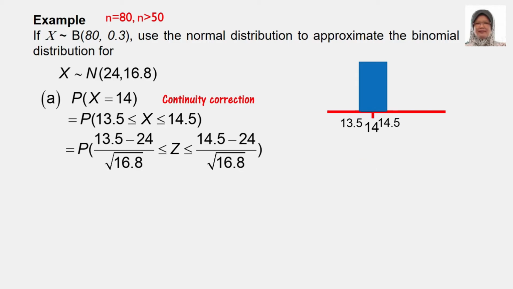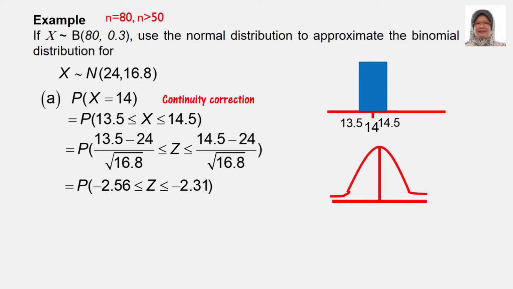Okay, we change to Z. We get P(negative 2.56 less than or equal to Z less than or equal to negative 2.31). We draw the graph for the Z distribution and draw lines at negative 2.56 and negative 2.31, and the area is between these lines.